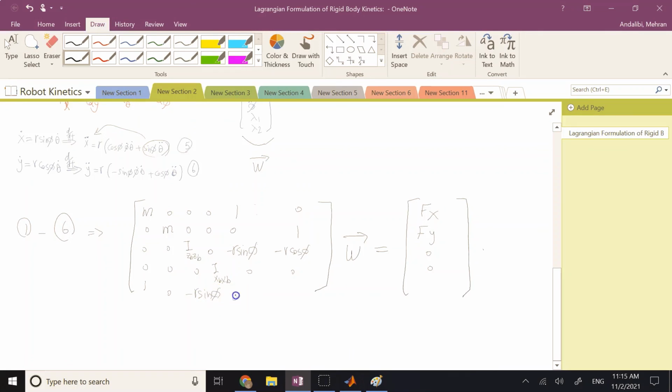No phi double dot, no lambda 1, no lambda 2.